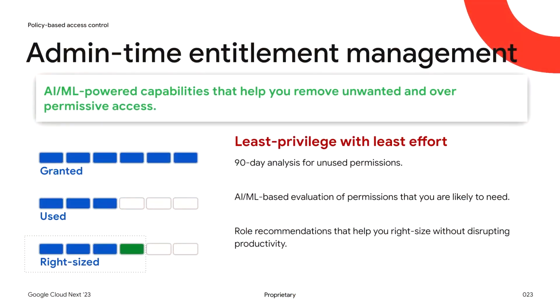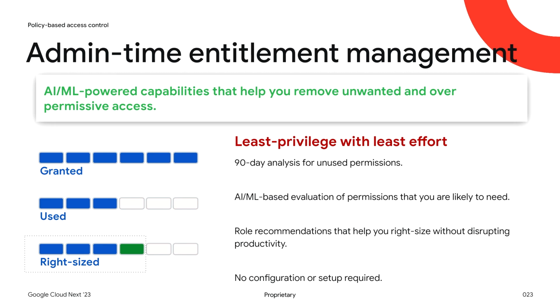In a sense, enabling least privilege with least effort. So your recommendations are based on 90 days data. We leverage AI and ML to make the right size recommendation. We also recommend roles that are going to be the best roles for the particular role to be fine-tuned to. And the best part, you don't need any configuration or any setup to use the IAM Role Recommender.